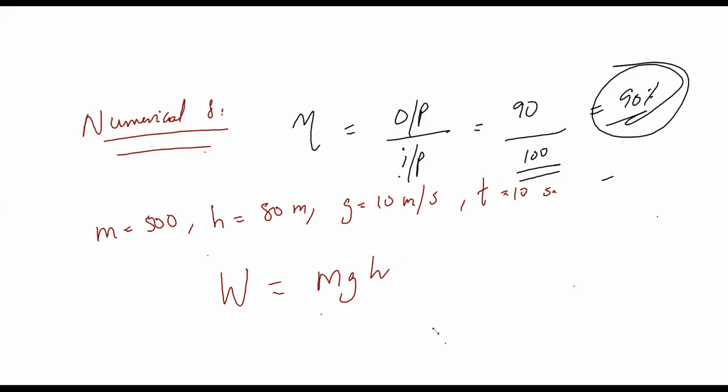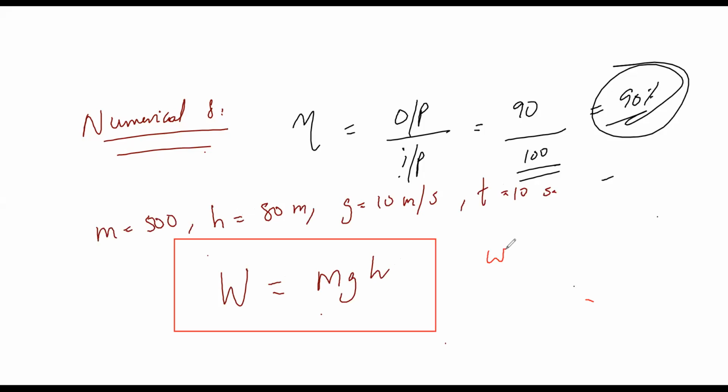Work done is equal to mass 500 into g is 10, correct? h is 80. So I'll get what? 8 5s are 40. Then add these zeros, 4 zeros, into 10 power 4. Or else I can write 4 into 10 power 5 joules. That's it. 4 into 10 power 5.